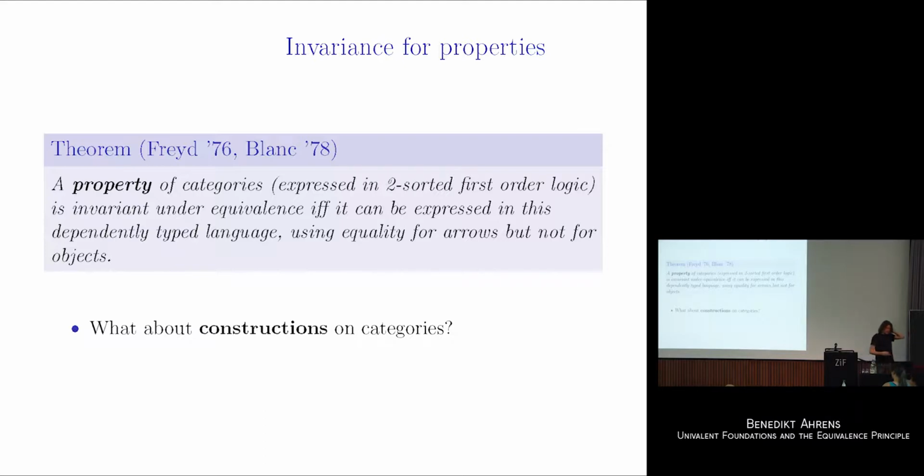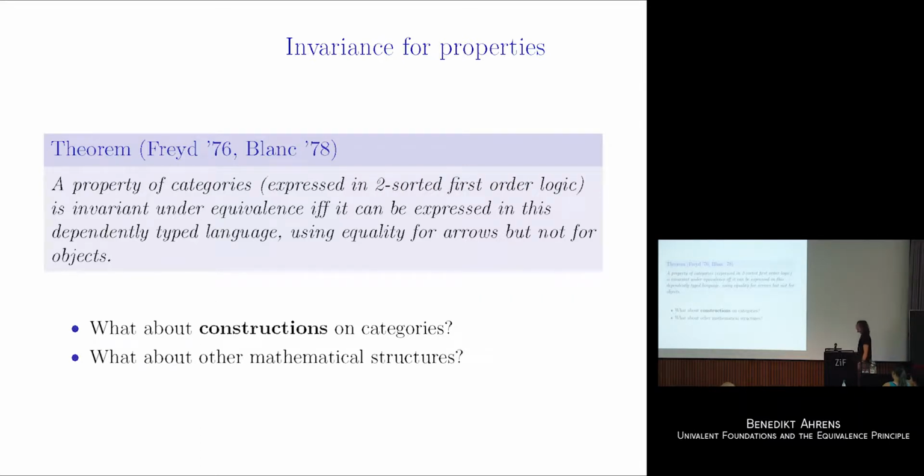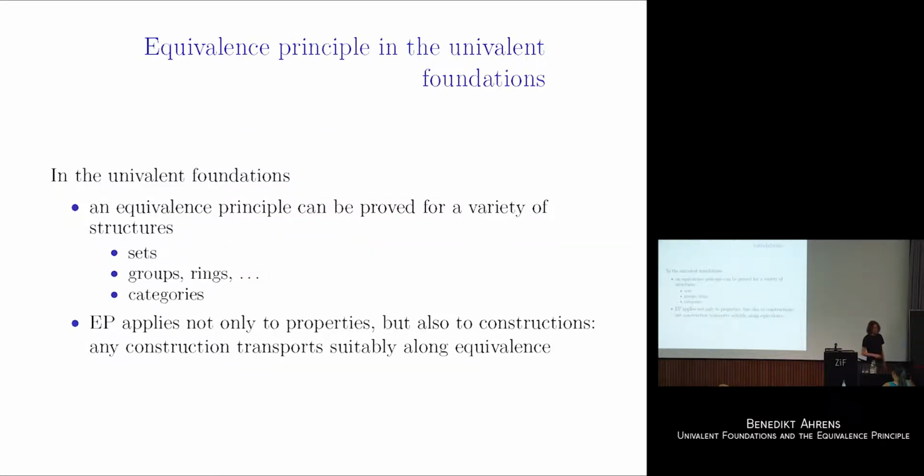One can ask, what about constructions on categories? Is there a similar result? And what about other mathematical structures? And this I will explain in the second part of my talk. So this is a preview of what will happen in the second part.